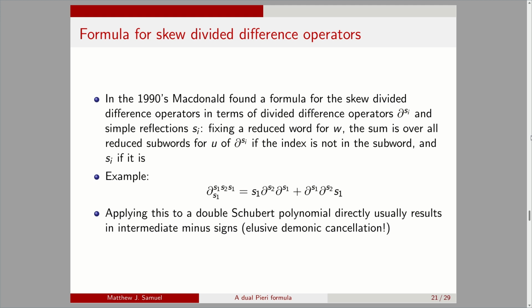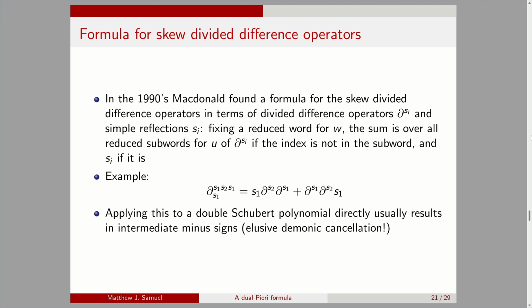This is for the divided difference operator partial_{uw}. So the example I give here, partial S1, S1, S2, S1. There are two subwords of S1, so we have two terms to this skew divided difference.